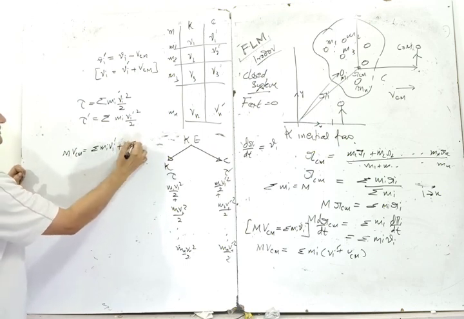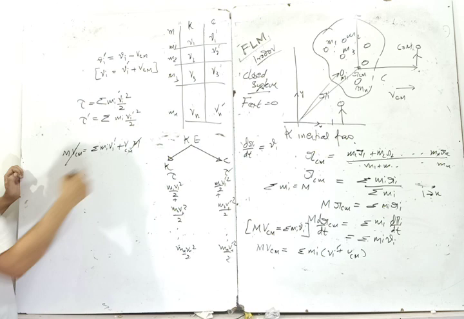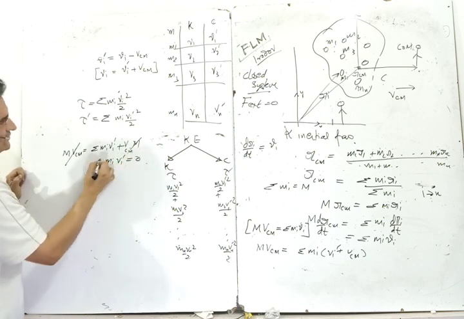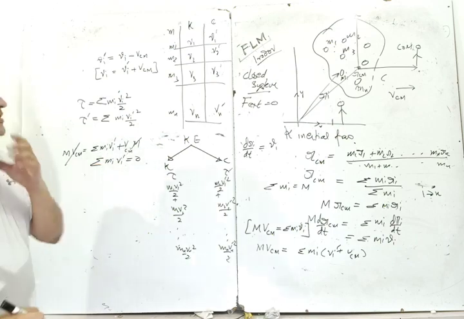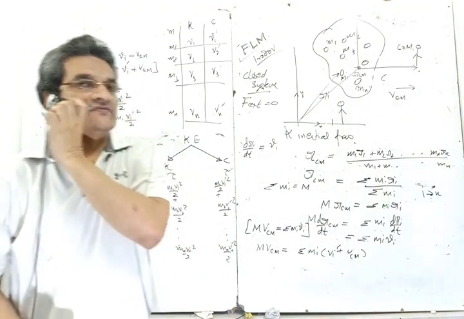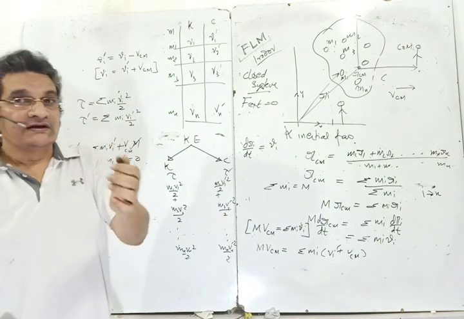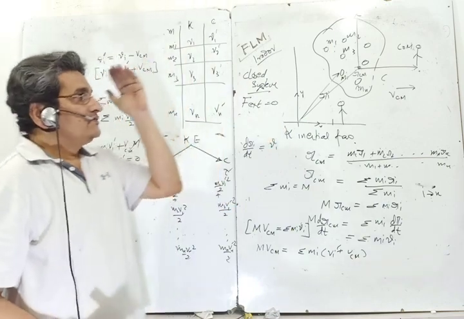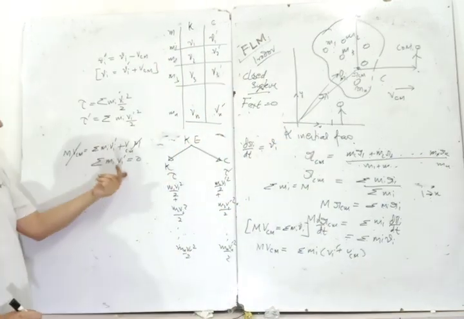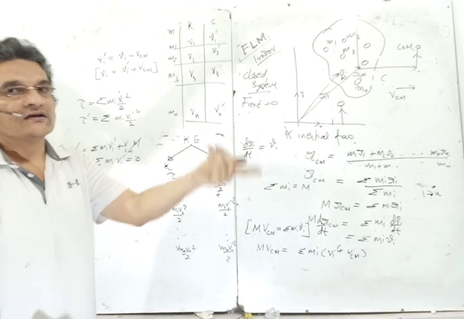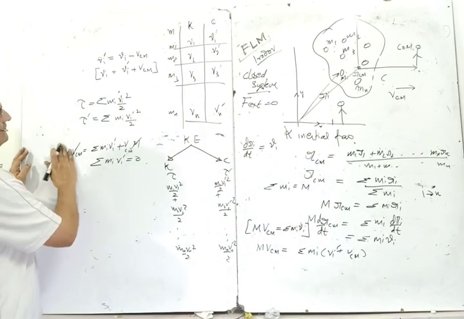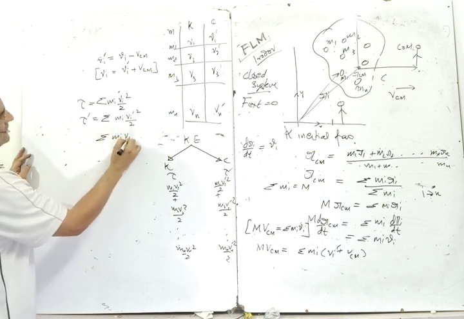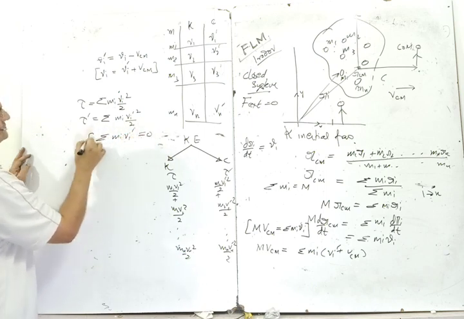It is nothing but total mass. These two get cancelled. So very interesting result: sigma mi vi dash is always 0 in a closed system. Means the sum of the momentums in the C frame, momentum not in the K frame, momentum as measured in C frame is always 0 if there is no external force acting on it. So a very important result has come: sigma mi vi dash is 0.